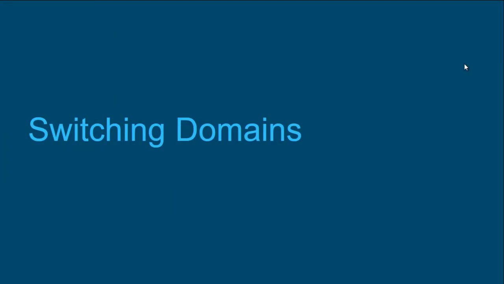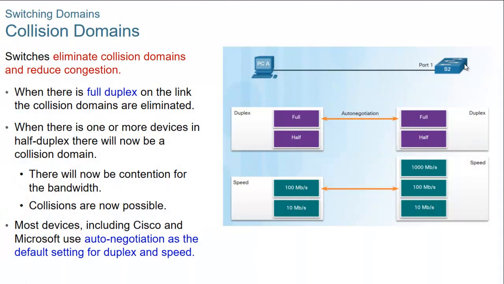Switching domains. During the course of your lessons previously, you have heard something about collision domains and broadcast domains. So we are going to look at those two. Switches eliminate collision domains and reduce congestion. This PC is connected to one of the interfaces in the switch, and this connection is just between the PC and the switch.